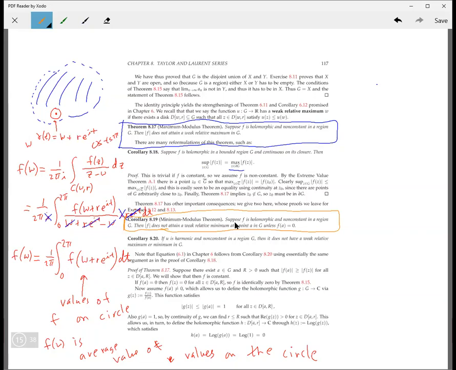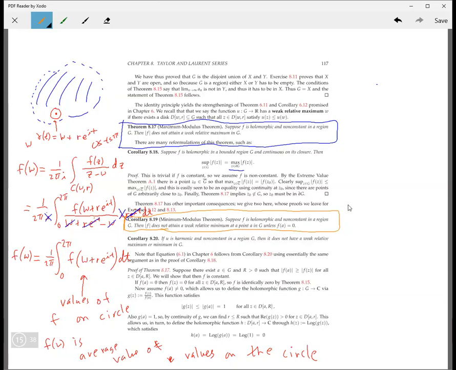It starts off by saying, suppose f is holomorphic and non-constant in the region, then the modulus does not attain a weak relative minimum at a point A in G. You might be thinking, whoa, we just did a problem where the minimum happened inside G, right? But it says unless f of A equals 0. So that didn't count, because we found a point where it's 0.